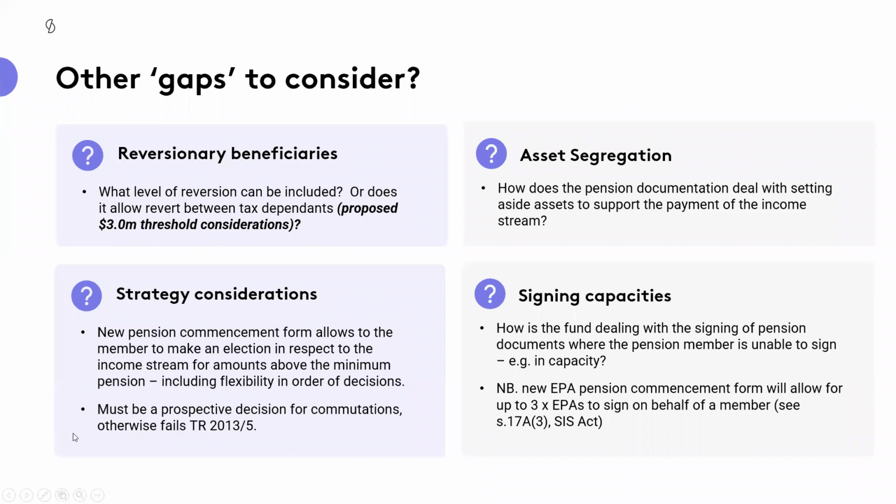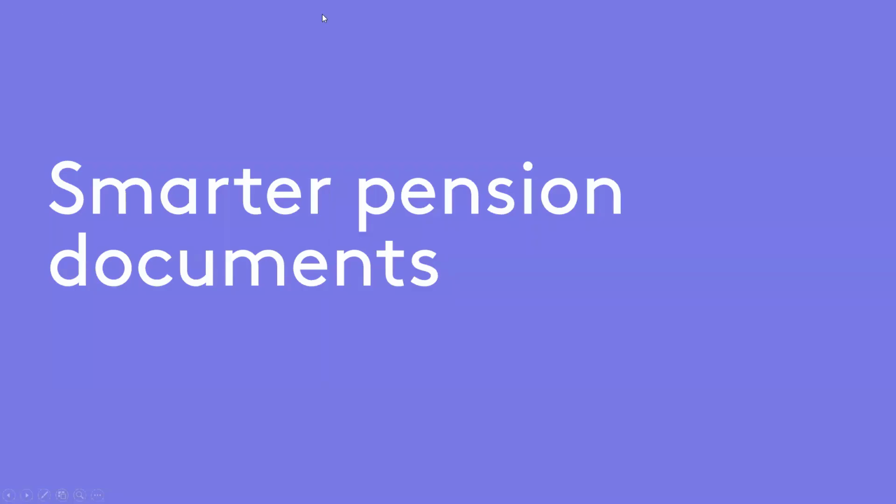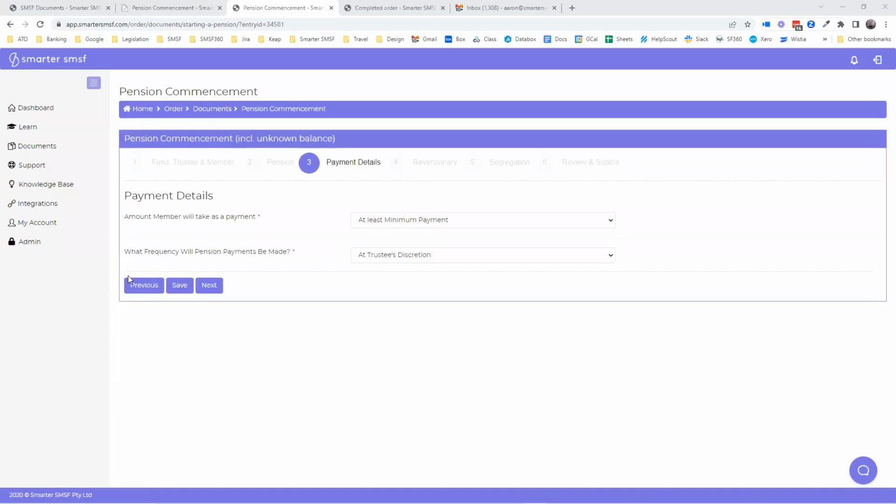So let's jump back into our pension documentation again, or our form, I should say, because what you can see here is naturally those additional questions before. But what I'm going to do is go back to our question about yes or no, and I'm going to take this journey through to the fact that we would now have a pension balance in play.